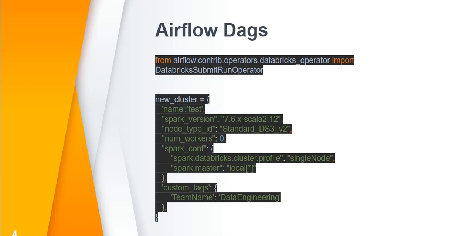One is the Spark version, second is the node type ID, which you will get from the Azure Databricks portal, and next is the number of workers you need to pass here. Third one is the required Spark config. Since I am running a single node cluster, I need to mention these two parameters, so I have mentioned them here. If you want to pass any custom tags, you can pass them from here as well.